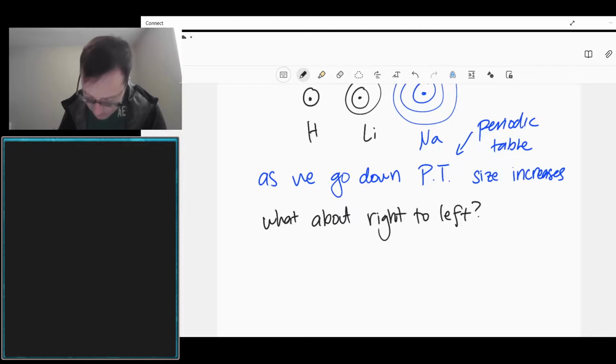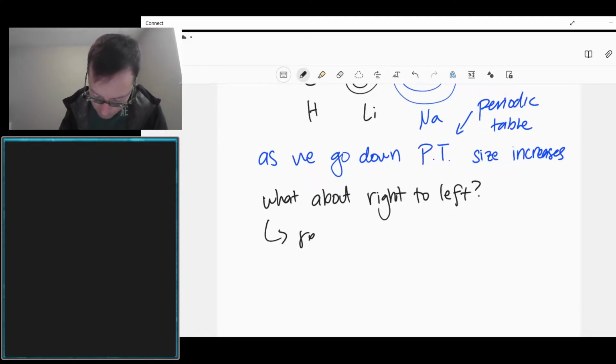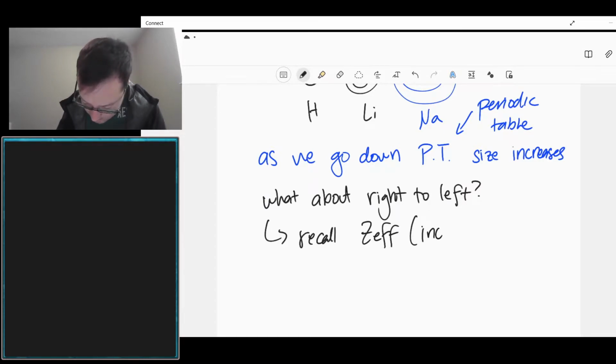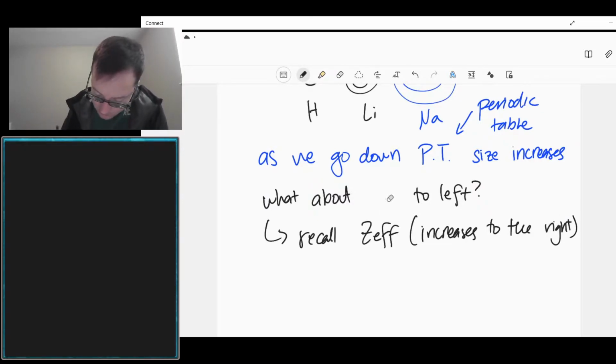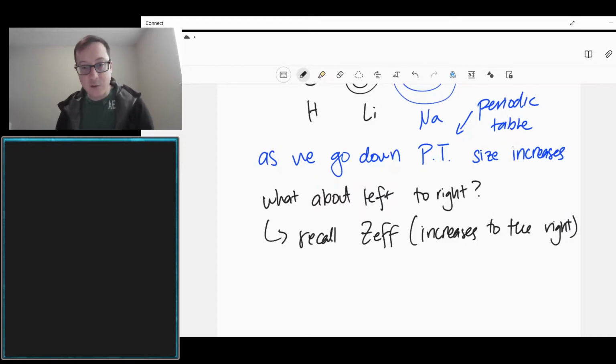What about as we go left? How does that change? Well, this deals with effective nuclear charge, which increases to the right. Well, I should say left to right, shouldn't I? So we are at least consistent. As we go to the right on the periodic table, we want to remember that effective nuclear charge increases.